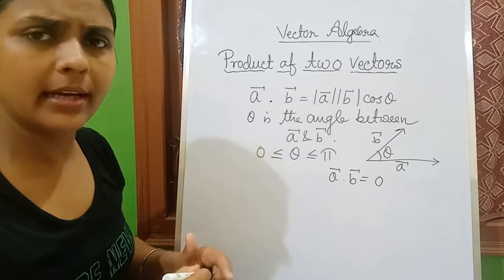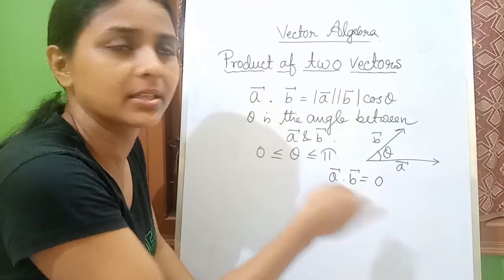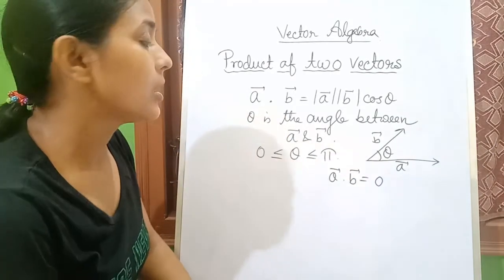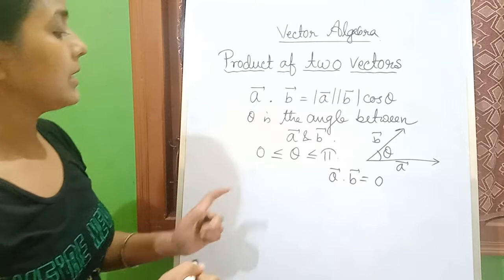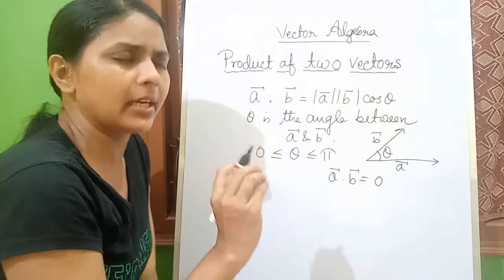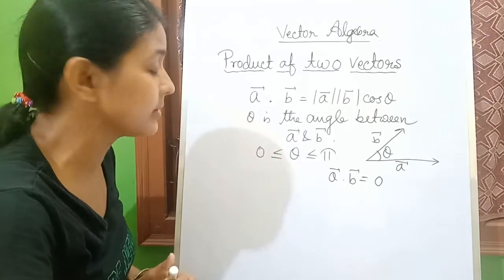And in another case also, suppose A and B both are 0 vector, then also their dot product will be 0. Okay. Now for both vectors 0, that is a little bit different thing that we will be discussing.